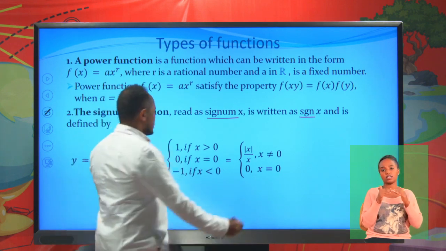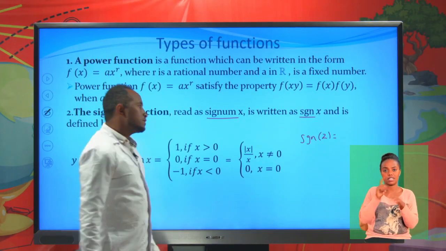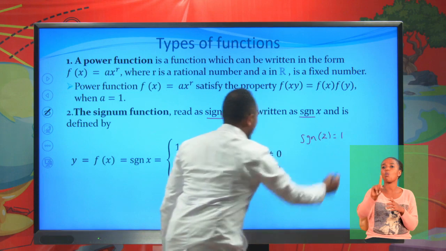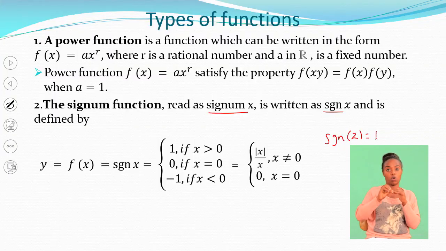So if you are asked, for example, what is the sign function of 2, in this case its value is 1. For any number greater than 0, the sign function takes 1.